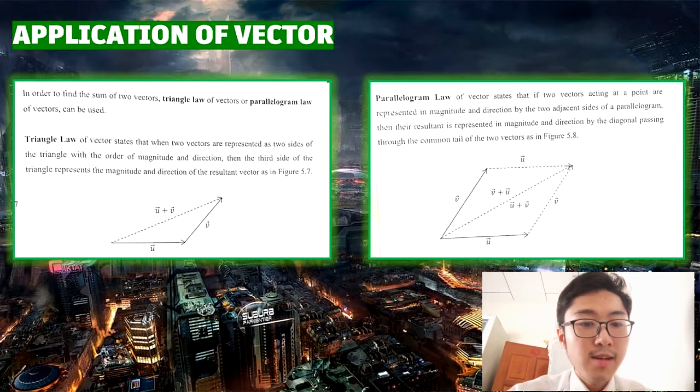The parallelogram law of vectors states that if two vectors acting at a point are represented in magnitude and direction by the two adjacent sides of a parallelogram, then their resultant is represented in magnitude and direction by the diagonal passing through the common tail of the two vectors, as in figure 5.8.